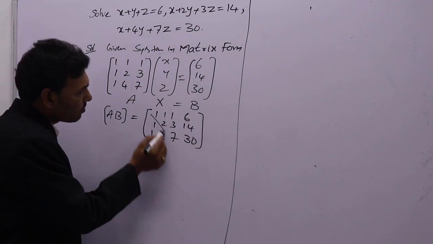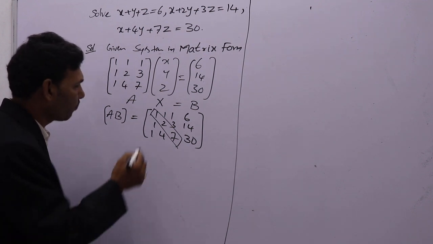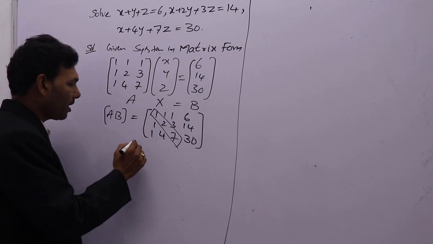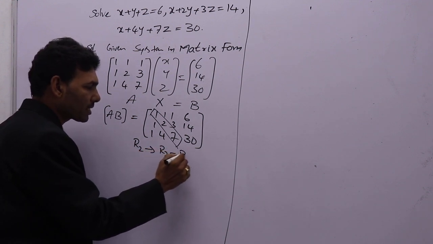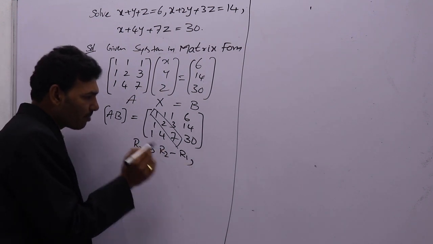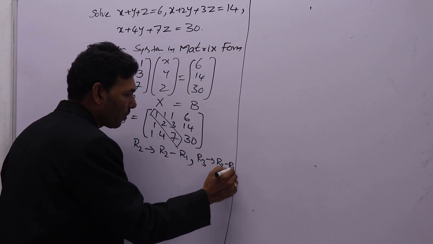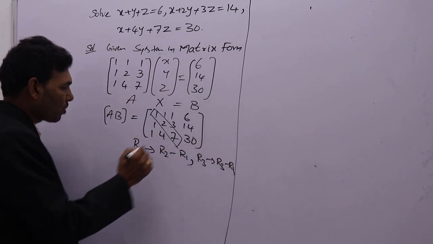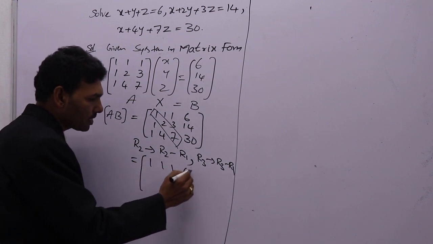Now mark the principal diagonal. Below the principal diagonal we need to make all the elements 0, so this one and this one. For that, the operation is R2 implies R2 minus R1. Next, to make this element 0, R3 implies R3 minus R1. The first row you can copy as it is, no need to change: 1 1 1 6.